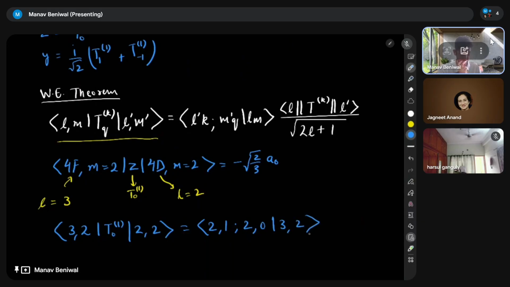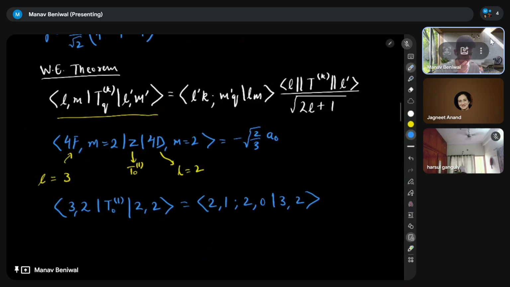Okay, so these are the CG coefficients, right, the Clebsch-Gordon coefficients, and then this will be multiplied with this thing, which is nothing but 3 T12, L is 3, T1, L prime is 2, divided by, and L is 3, so 2 times 3 is 6 and 1 is 7, so divide by root 7.